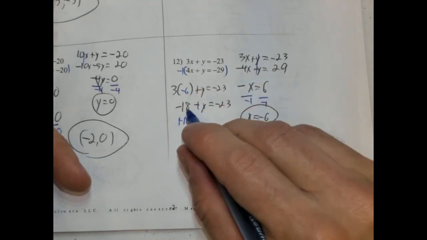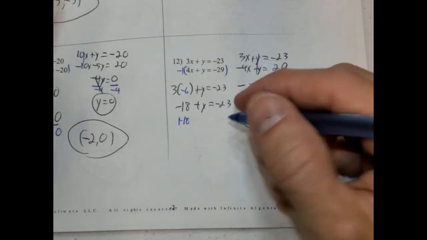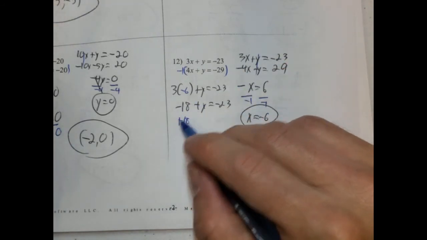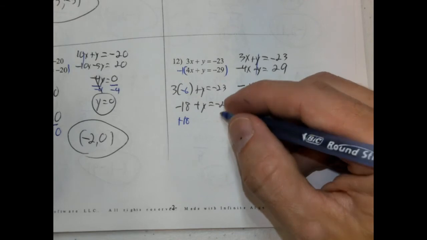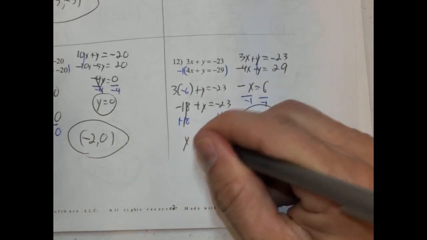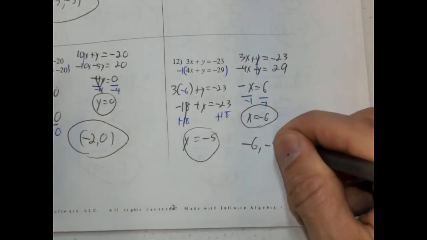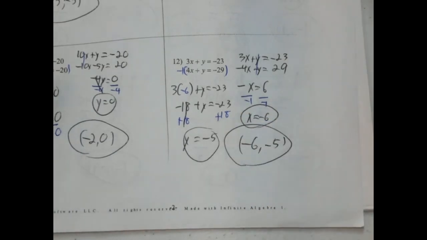That confuses people, because it's negative 18 plus y, so people think we have to subtract 18. But if you were to subtract 18 from both sides, you would actually just end up with a negative 36 on this side. So that wouldn't really help us. We're trying to isolate that variable. So y equals, what, negative 5? Yeah, negative 5. So negative 6 comma negative 5.